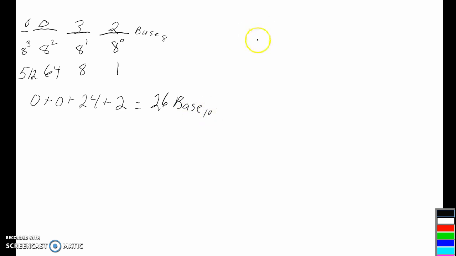Okay, let's try another one real quick, because like I said, I'm trying to get hexadecimal in here too. Let's say I had 064, and this is base 8, and I want to convert it to its decimal.